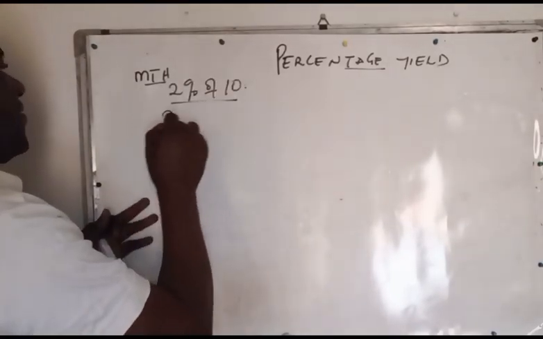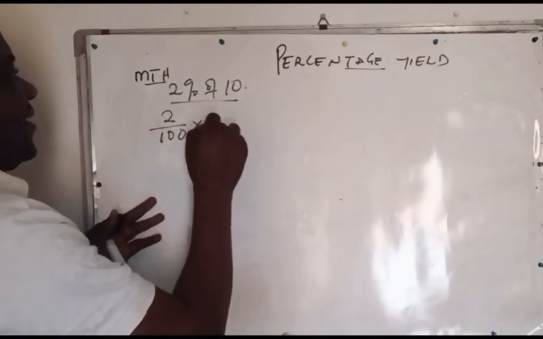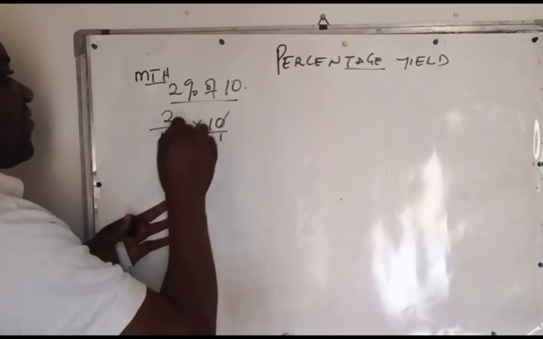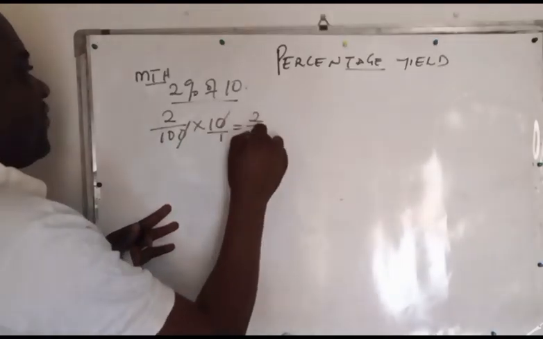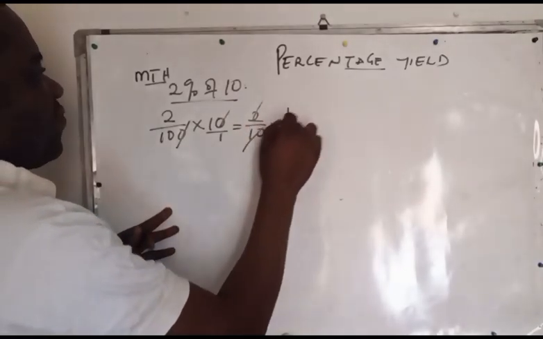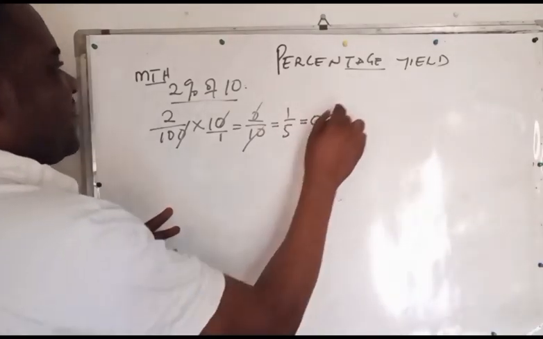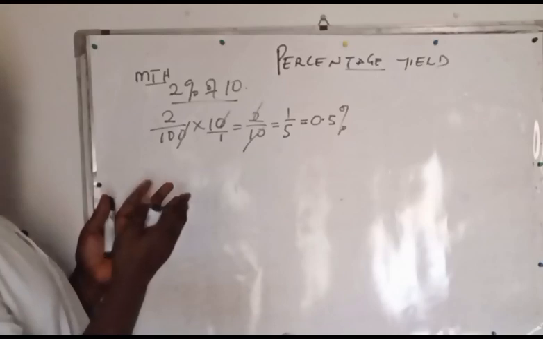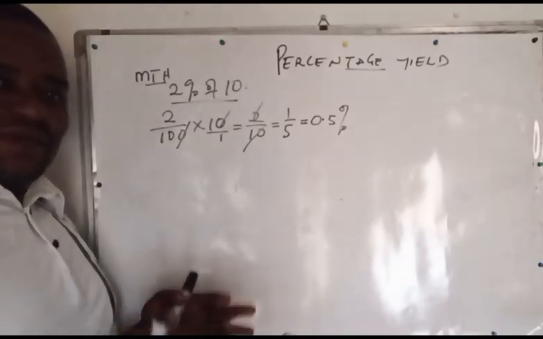It's just a simple case of placing the 2 over 100 multiplied by 10 all over 1. This 0 crosses this 0, and then you have 2 all over 10 that is left, and this will cross with 2 and give you 1 over 5, which is 0.5. So in ordinary mathematics, percentage is done in this way, and we can apply the same to solving chemistry problems.